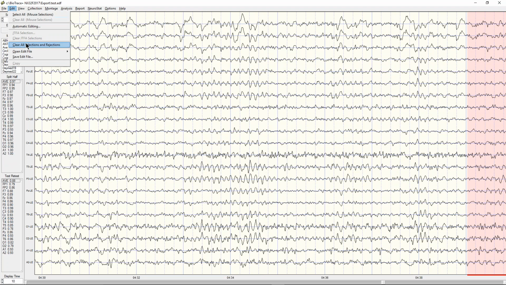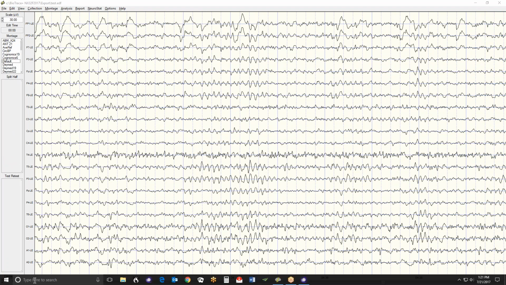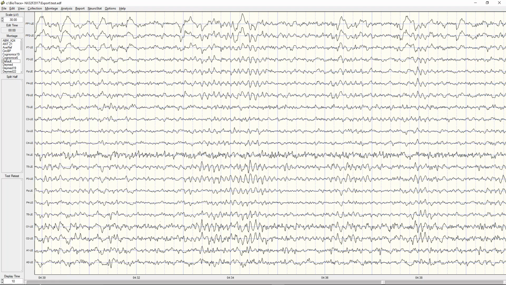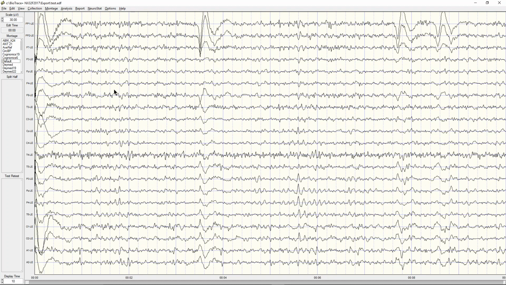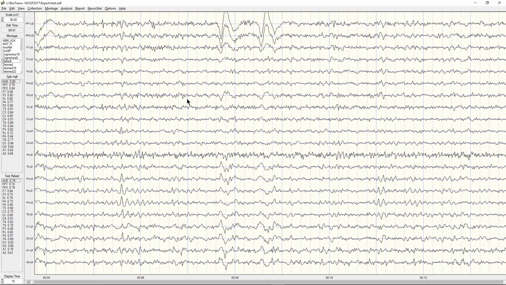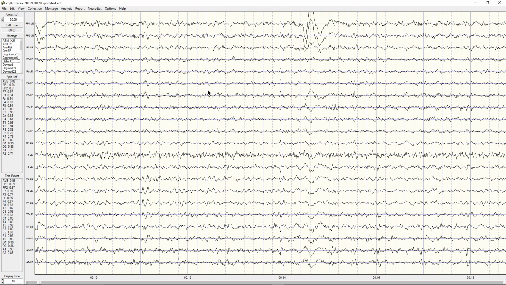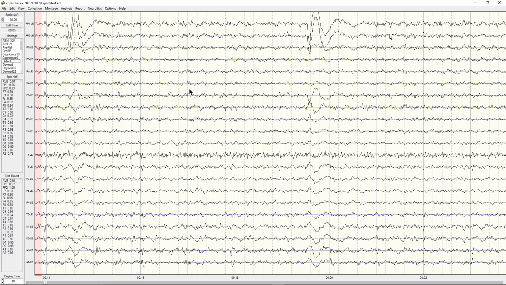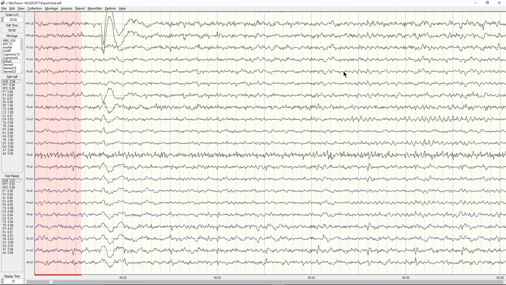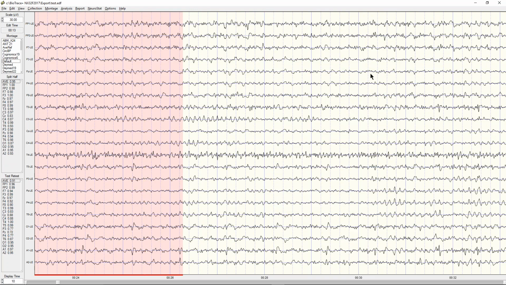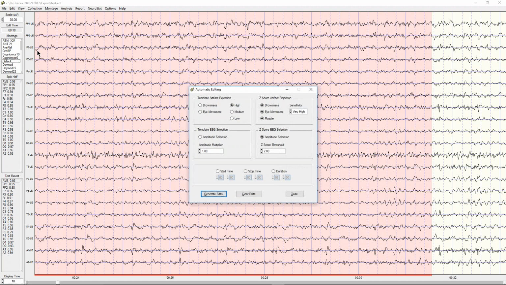So we're going to clear that, and we're going to do the template method instead. So we'll pick some data that does not have any eye blinks in it. And we've got 10 seconds. We're going to edit.